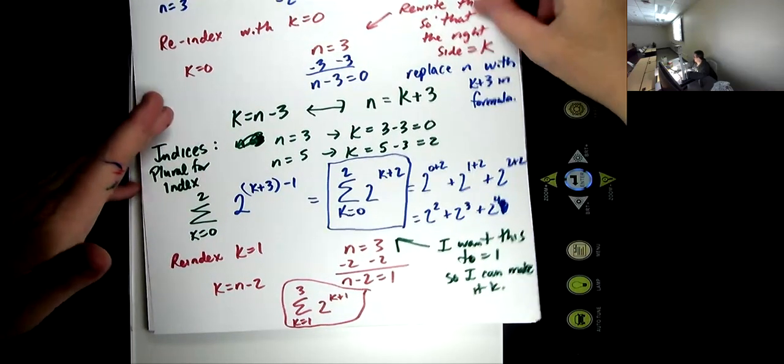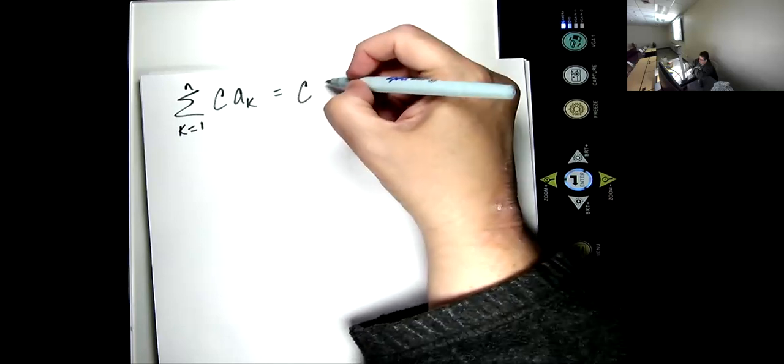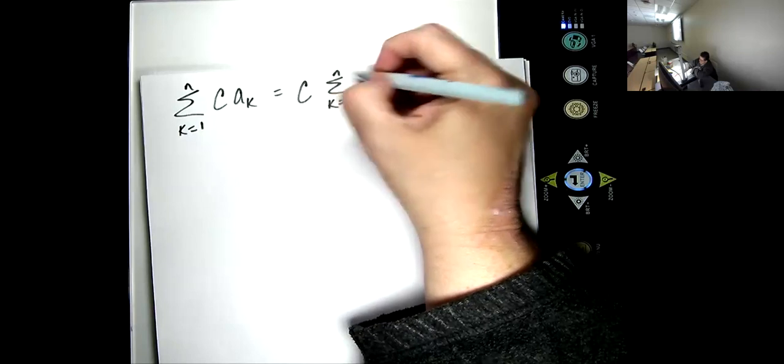All right, let's take a look at some formulas. I'll prove one of them. We actually kind of did something similar with this first one. The sum from k equals 1 to n of c times a_k is the constant times the sum from k equals 1 to n of a_k.